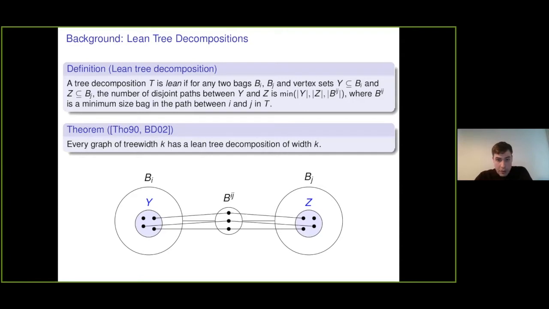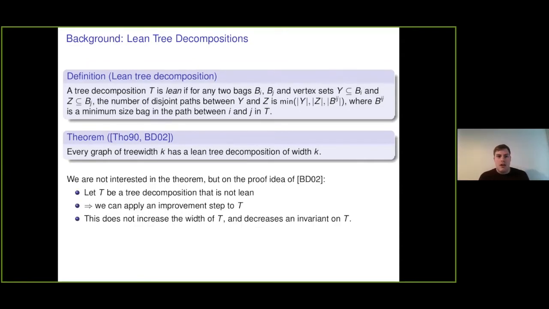But we are actually not interested in this theorem, but in the proof idea of Bellenbaum and Diestel. They suppose they have a tree decomposition that is not lean. So there is some example of sets y and z that are subsets of some bags for which this does not apply. And they use this example to apply an improvement step to the tree decomposition.